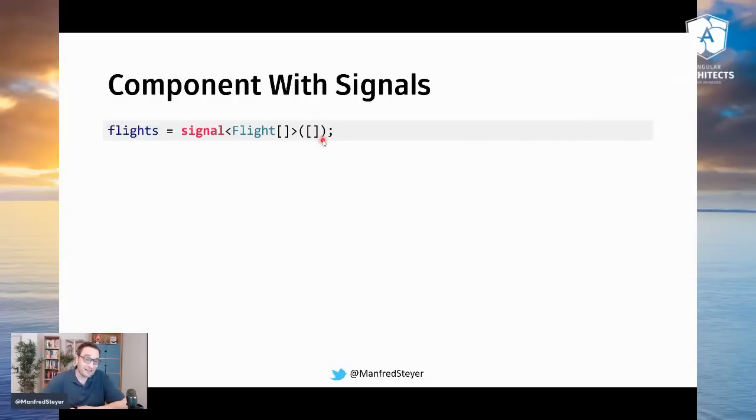However, in the case of an empty array, it cannot infer the type of the array because those brackets don't tell us that we plan to manage flights in here. It could be literally everything. So in this case, we need this type parameter.